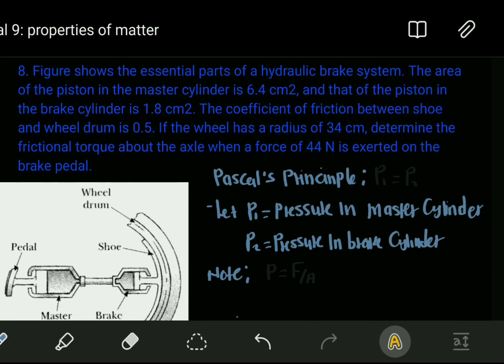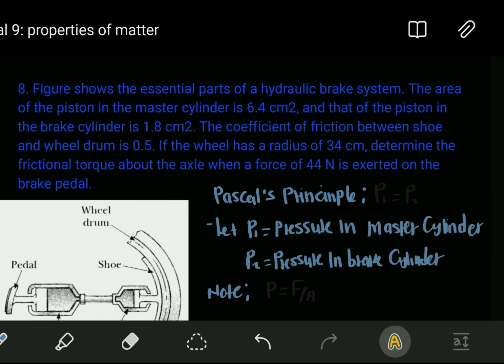Okay, so let's go to the last question here. The figure here shows the essential parts of a hydraulic brake system. The area of the piston in the master cylinder is 6.4 square centimeters, and that of the piston in the brake cylinder is 1.8 square centimeters.